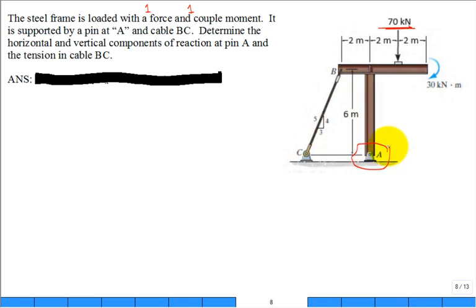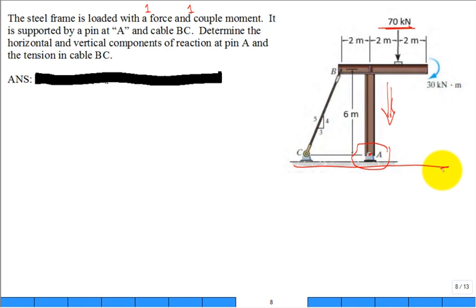It's pinned at A. The way to understand that pin, let's say I didn't have this cable, this whole frame could rotate and fall down either to the right around that pin, rotating around pin A, or fall down rotating to the left. If somehow the frame wants to move downward into the foundation, that pin's going to say, nope, I'm going to have a reaction.